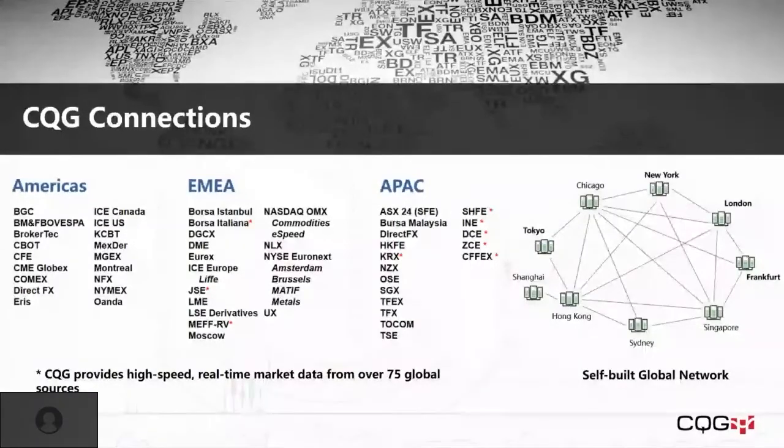This network is fully managed by CQG and is aimed at offering traders the ability to do low latency trading. This is key when you try to do arbitrage, and we'll see that a little bit later. So basically trying to lower the latency between exchanges and between servers reduces risk and also increases profitability.